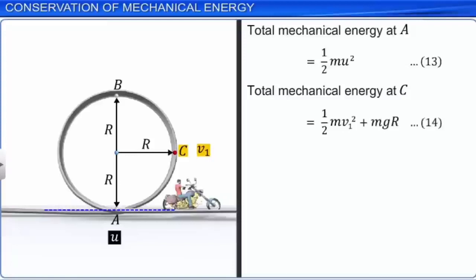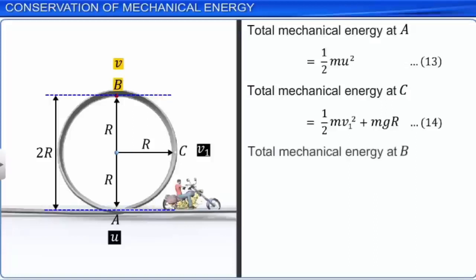Let this be equation 14. When it reaches the highest point B, it has velocity v, and its height with respect to the reference level is 2r. It has maximum potential energy, which is mg into 2r, and least kinetic energy, which is half mv square. The total mechanical energy at B is denoted by half mv square plus mg into 2r. Let this be equation 15.